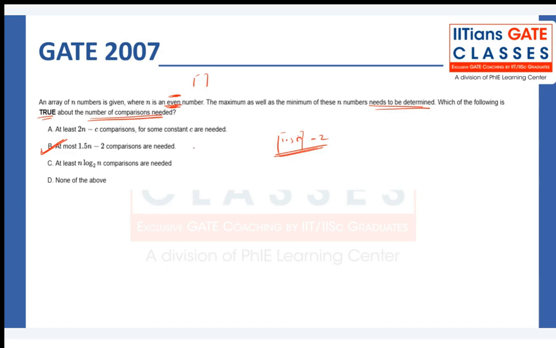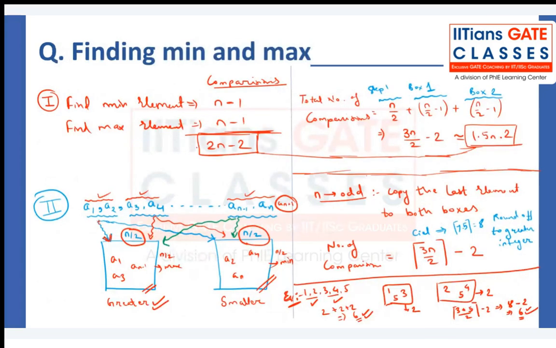So we already solved this. This is basically finding maximum and minimum. So this is basically this question: 1.5n minus 2.